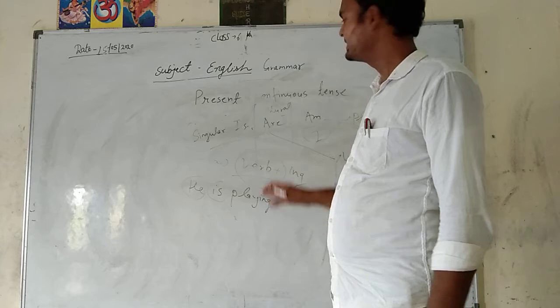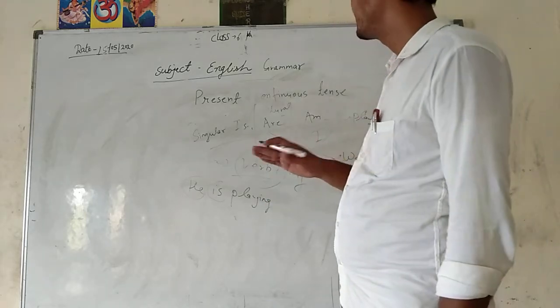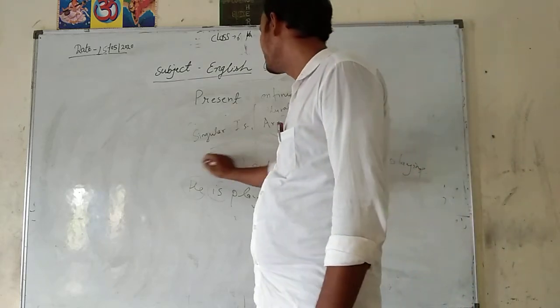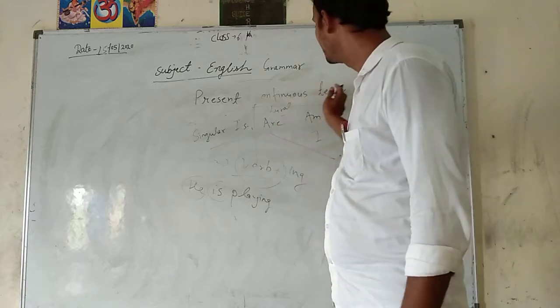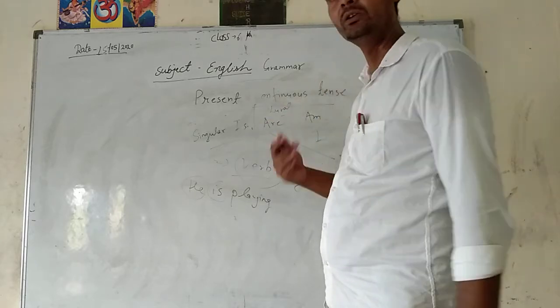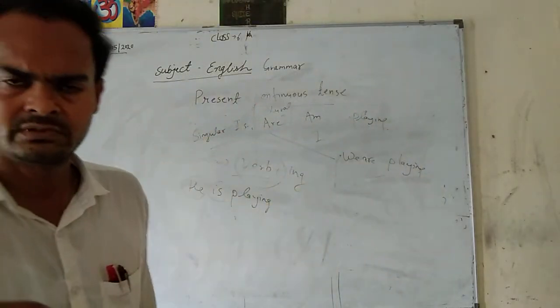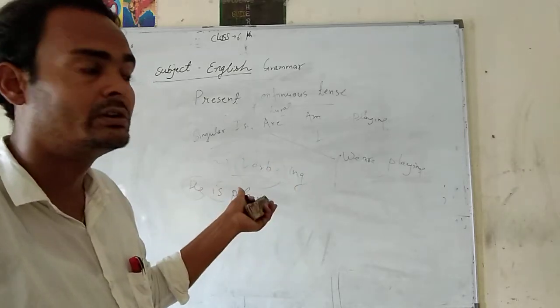In the present tense there is never a sentence without a helping verb. The helping verb is used all the time, in all types of sentences: simple, negative, interrogative, and interrogative negative.